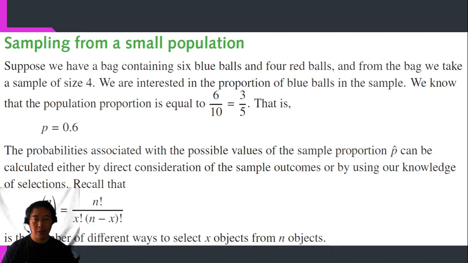Hang on, do I do this right? Is it the number to select? Alright, so x is how many you are selecting, and n is from how many objects.